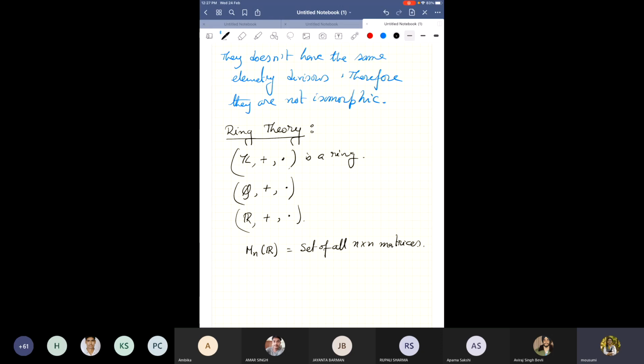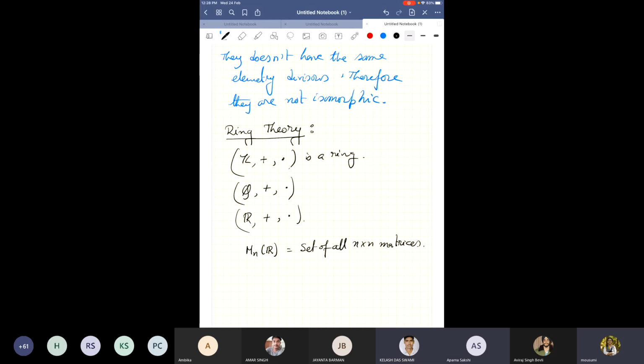With respect to one, it should form a group, and with respect to another, it should not form a group, but at least should have a multiplicative identity. Can you think of some operations on the set of all n cross n matrices? Matrix multiplication. Yeah, but I need one operation with respect to which it should form a group.